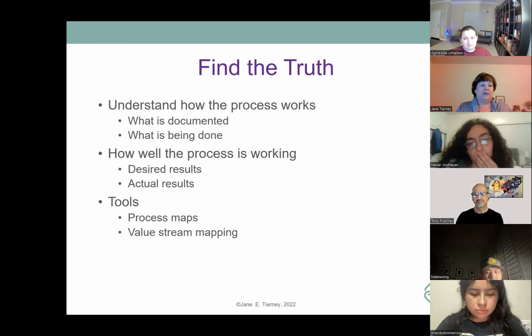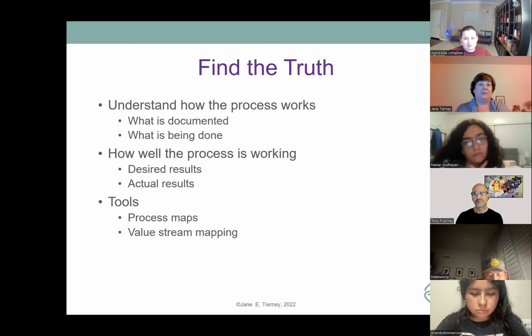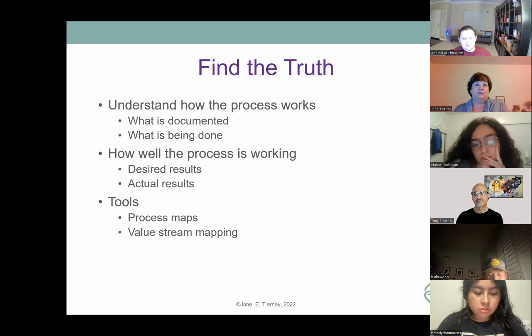Maybe there's a rate, that this is designed to do 10 parts an hour, or it's only designed to do up to something, or it was only designed for the pilot project and nobody actually got around to documenting the production process. So how is it working? And then compare the actual results with the desired results.